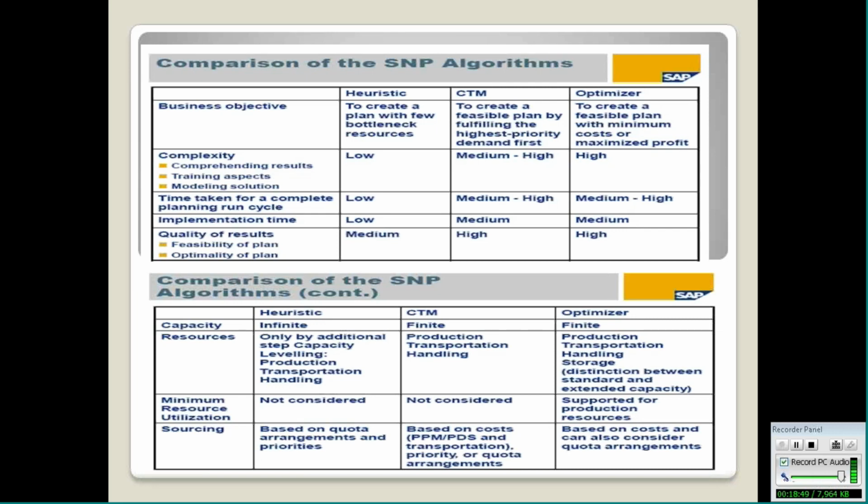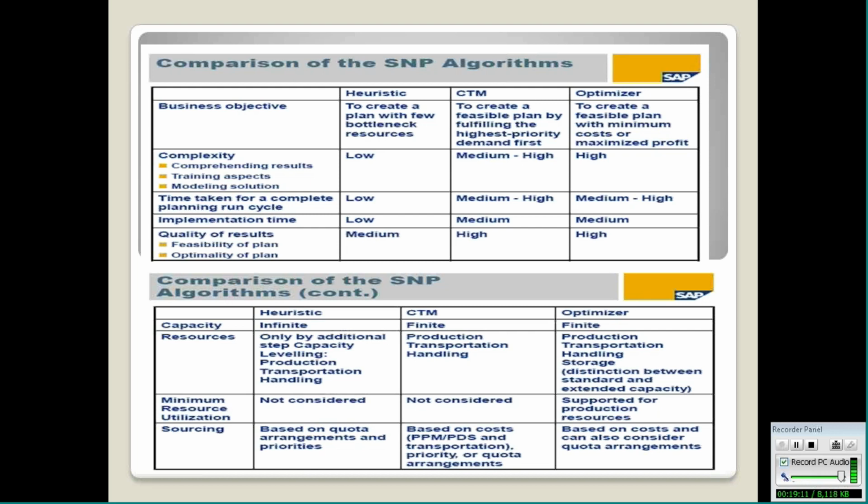Now you can see the comparison of the 3 engines. Heuristic is very simple. It will not take much time to configure, and CTM and optimizer will take more time to configure. The heuristic results are very easy to understand, and CTM and optimizer are a little difficult.